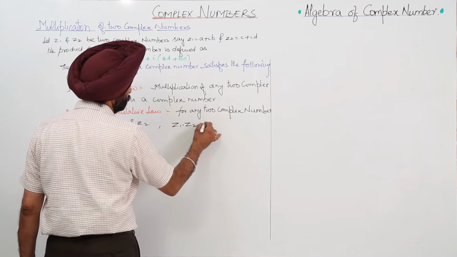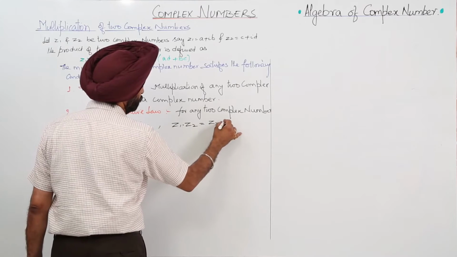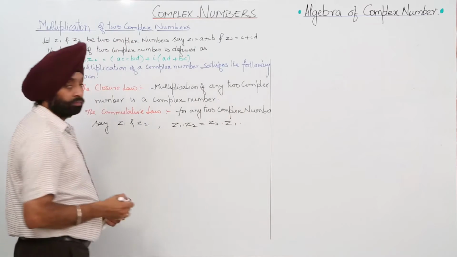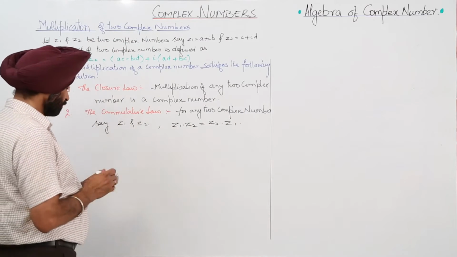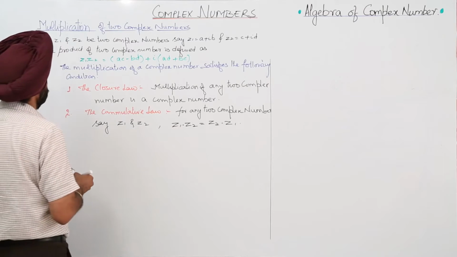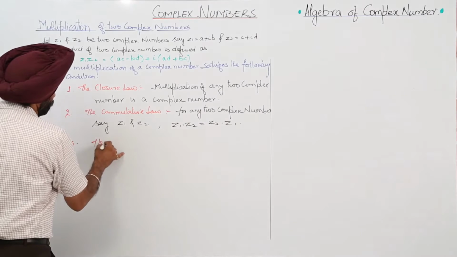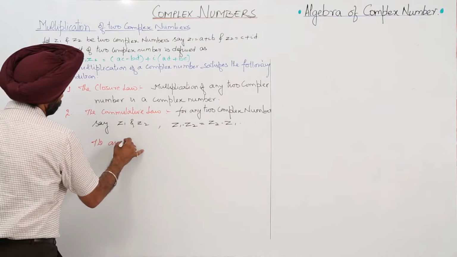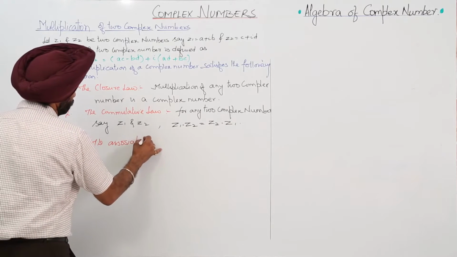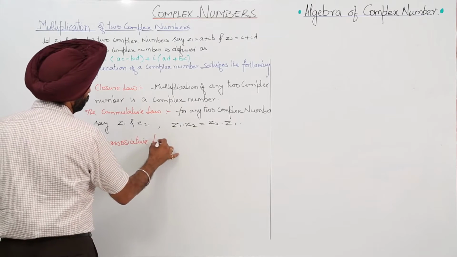Z1 dot Z2 is always equal to Z2 dot Z1. Simple, the commutative law. Third one, the associative law.